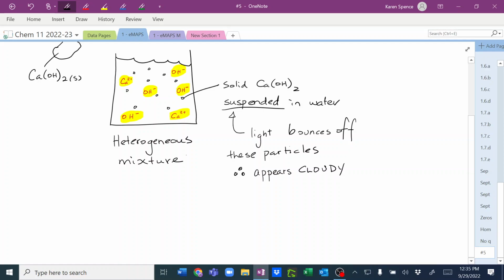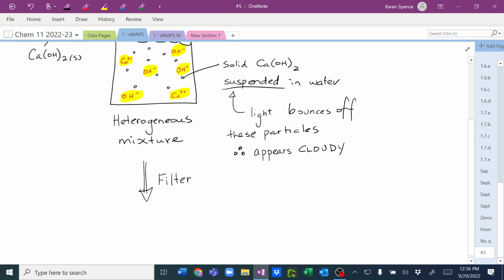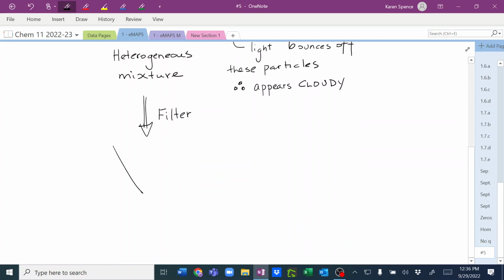What did we do with it after that? We heated it up and we dissolved a bit more of the calcium hydroxide, and then we filtered it. Okay, so we filtered it, and we had our filter paper in here.